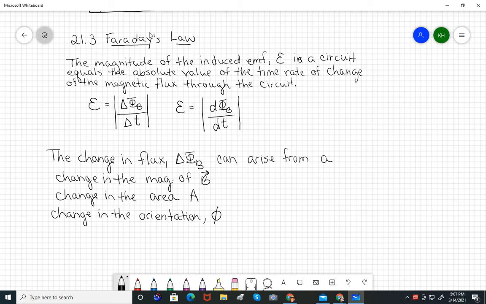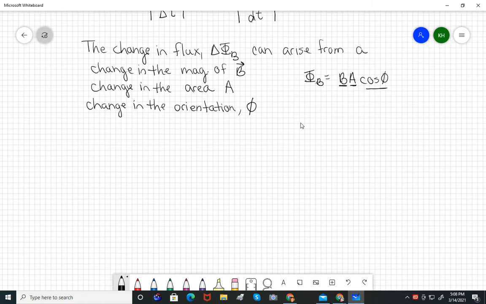If you look at the formula, we know that flux, magnetic flux, is BA cosine phi. So B could be changing, the area could be changing, or cosine phi could be changing. So you're going to have to read those problems and determine what is changing in this problem.